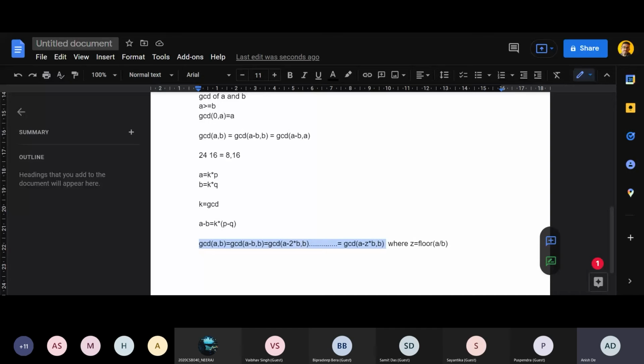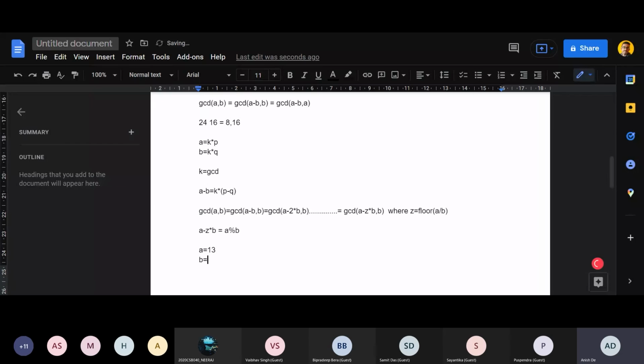Can anyone tell how we can rewrite A minus Z into B as A modulo B? Perfect. A minus Z into B is nothing but A modulo B, because when you are subtracting Z into B, the thing that is left is the remainder when A is divided by B. Let's take A equals 13 and B equals 5.